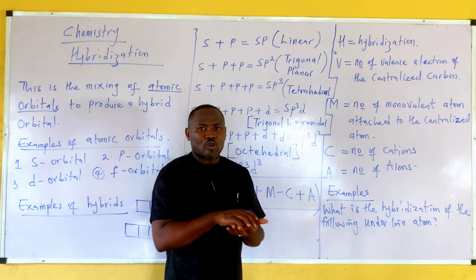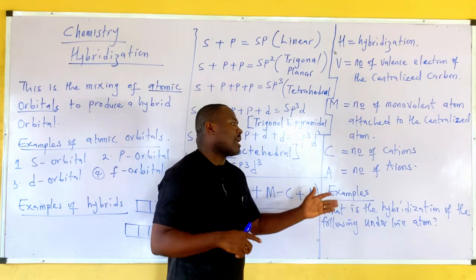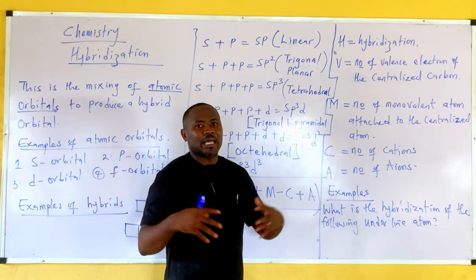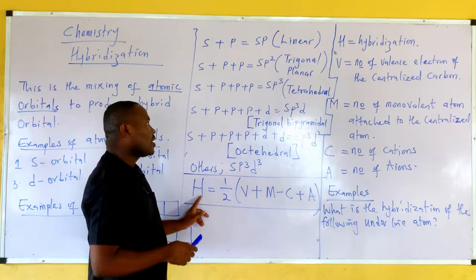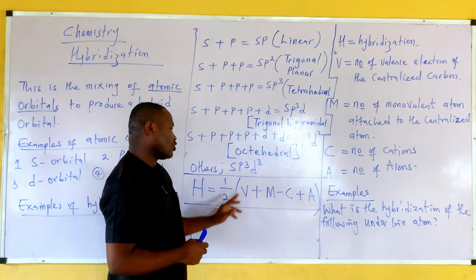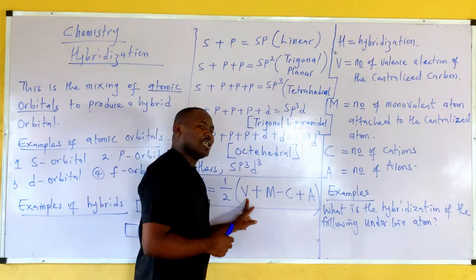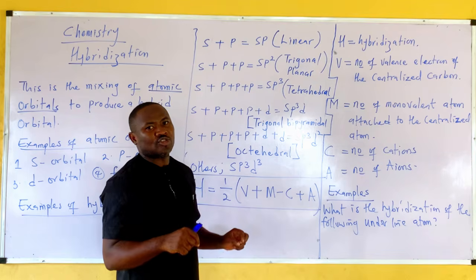So our focus is on the central atom, with the other atoms attached to it. Look at this formula: H, which means hybridization, is equal to 1 over 2, open bracket. The V here is the number of valence electrons of the central atom.